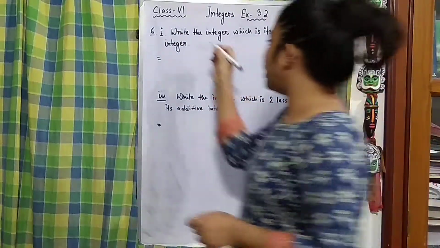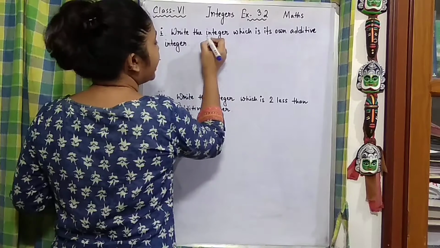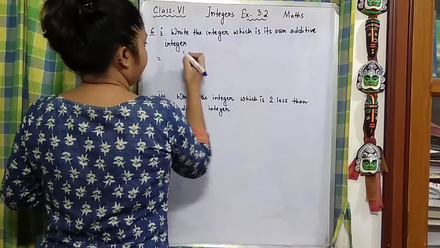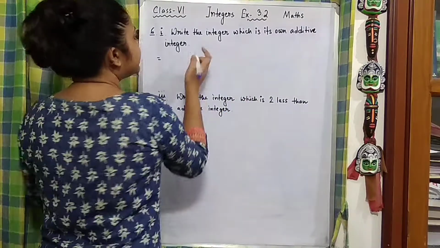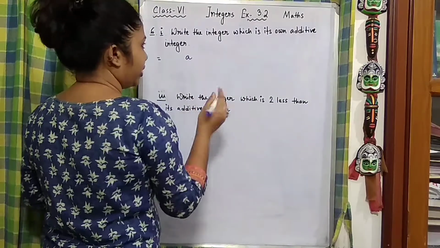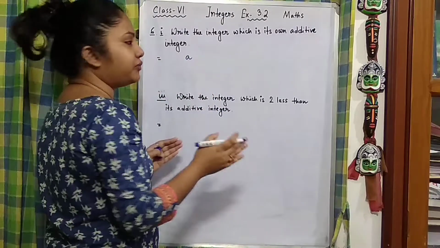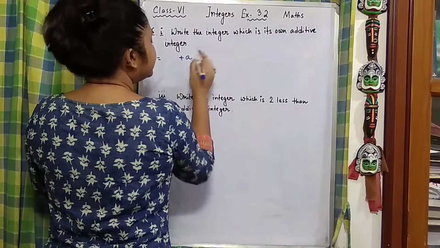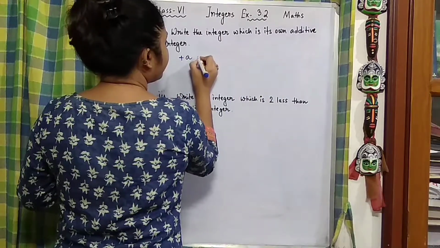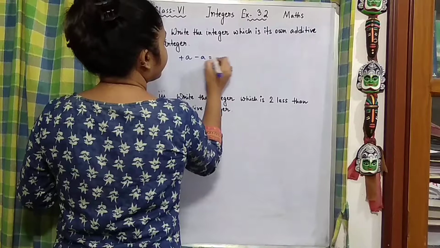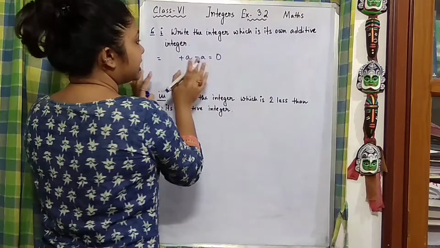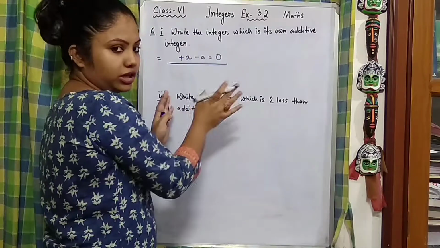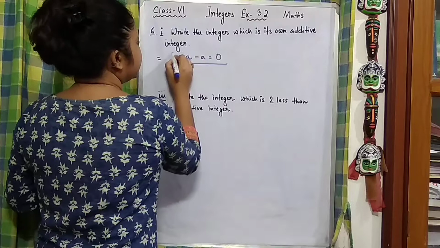So here they have said, write the integer which is its own additive integer. Say a number is a. According to the question, +a will be the additive integer of a; this is the condition.